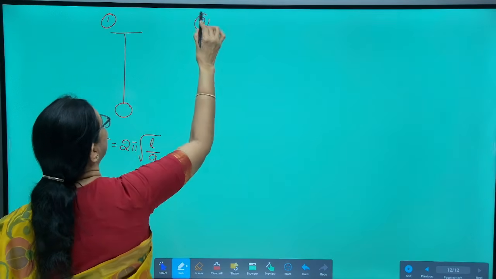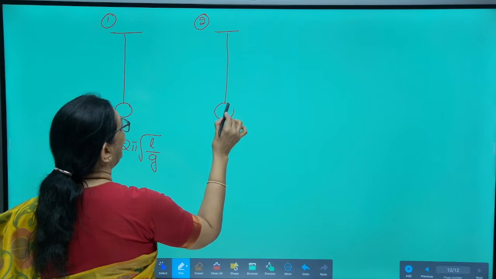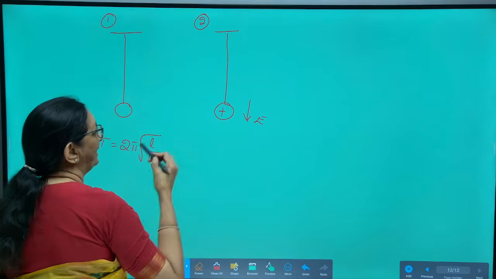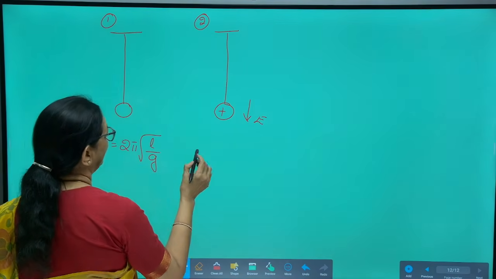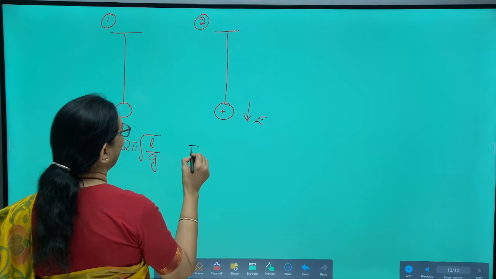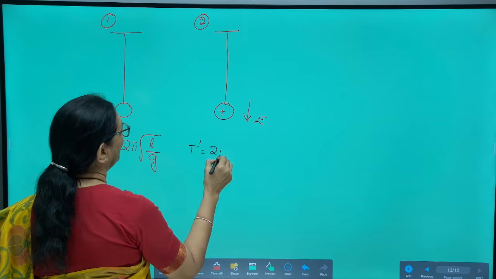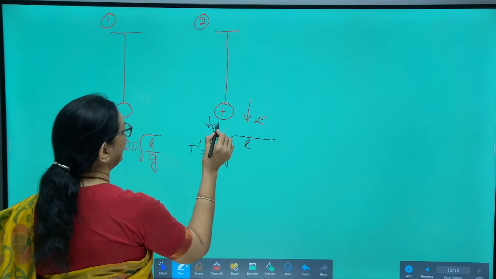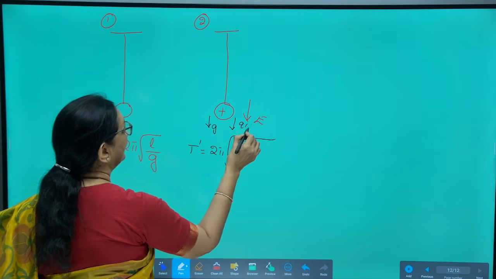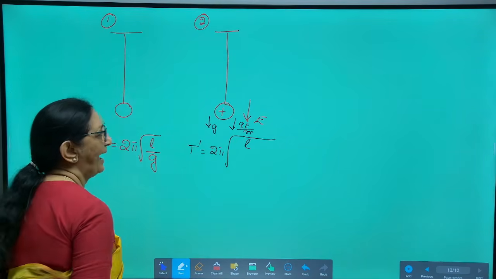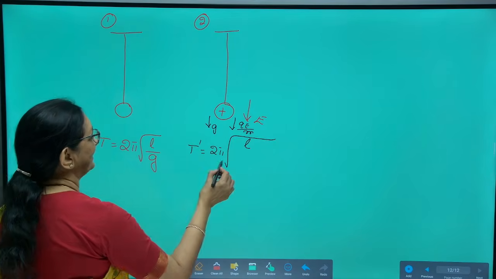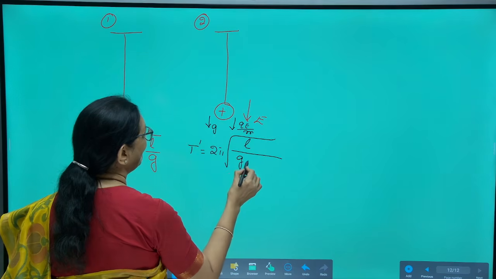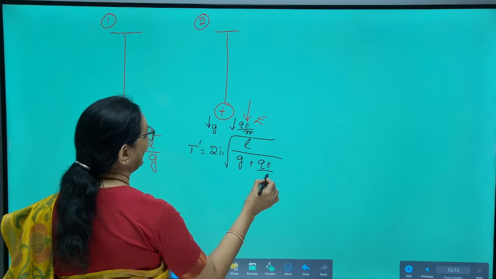Now, we have a simple pendulum with a positively charged bob oscillating in an electric field applied in the downward direction. So, T dash is equal to 2 pi square root of L by, in this direction g is there, in this direction QE by m. Acceleration due to that electric field is there, it becomes 2 pi square root of L by (g plus QE by m).